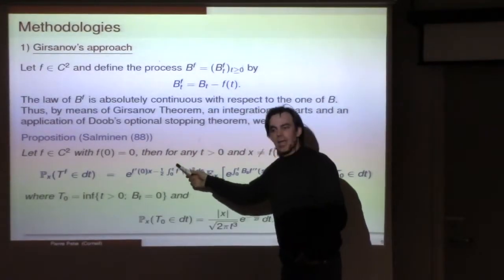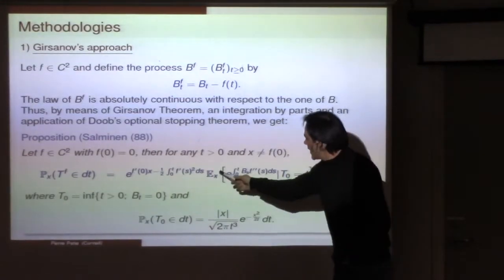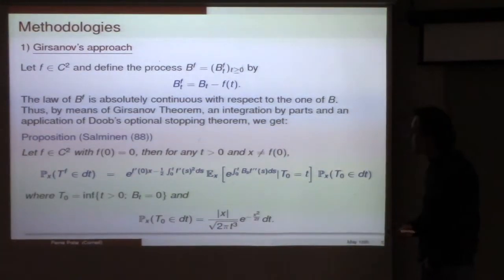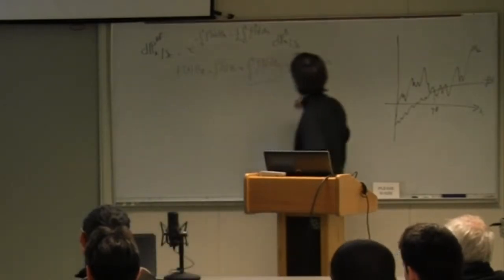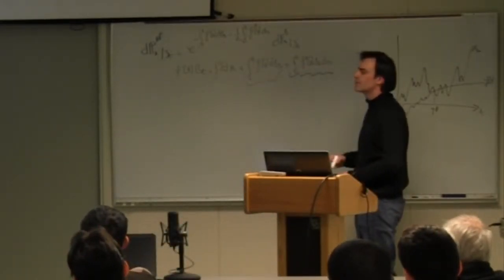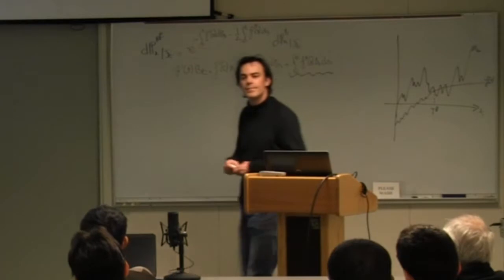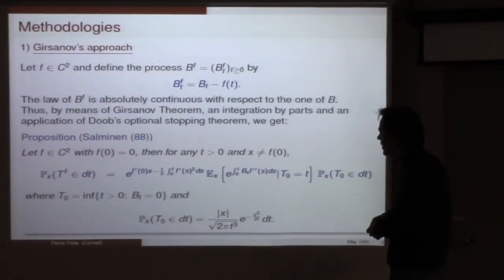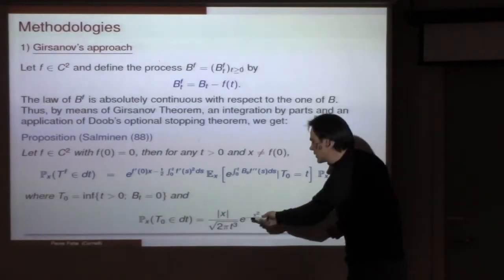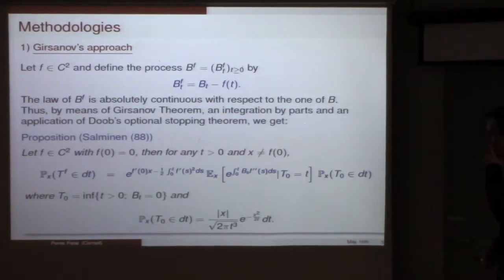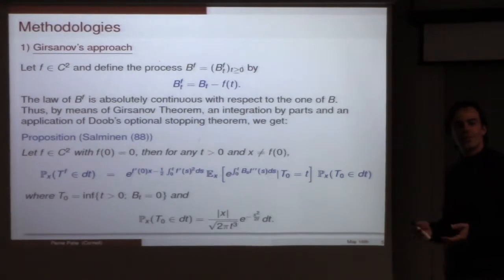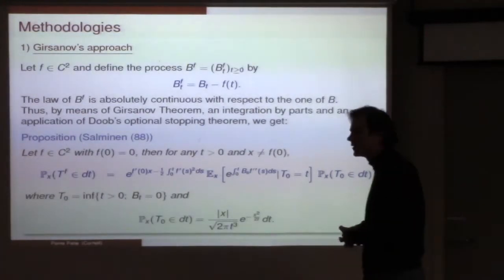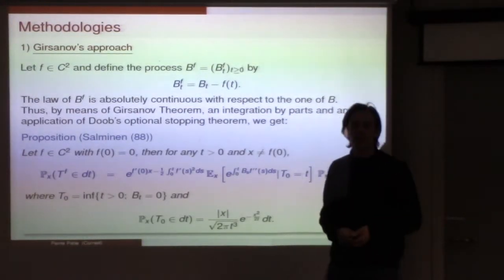These terms are explicit, and this term will correspond to exactly this quantity here, conditioned on the fact that T0 is at t. And we have an explicit expression for the passage time at 0 for the Brownian motion. So from a calculator viewpoint, for which kind of curve do you think that this approach is useful?